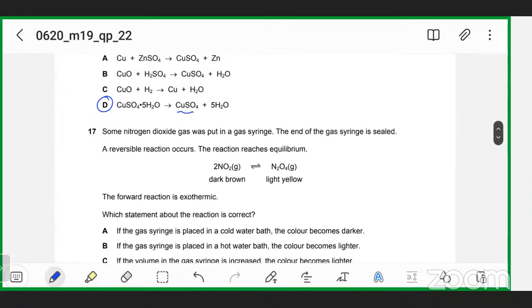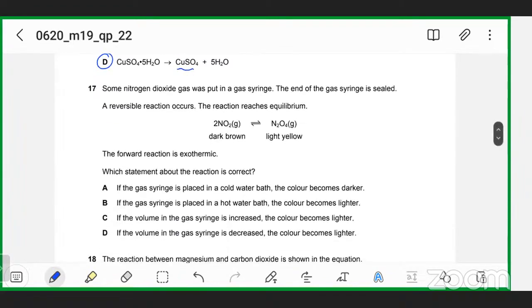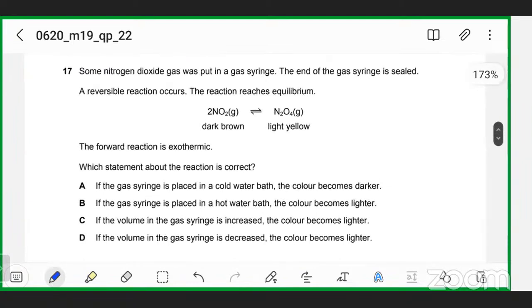अच्छा, अगला part है some nitrogen dioxide, ये equilibrium का, ठीक है, reaction is equilibrium, and the forward reaction is an exothermic reaction. So if you place it in cold water, temperature decrease करोगे, what will happen? Which reaction is favored if you decrease temperature? Is it exo or endo?